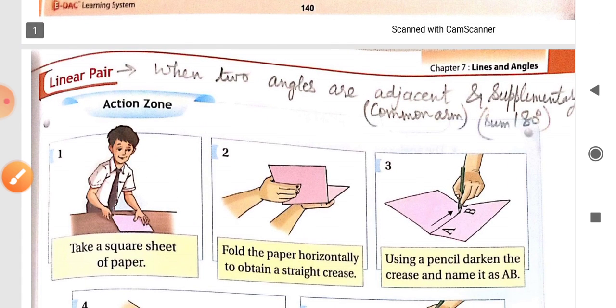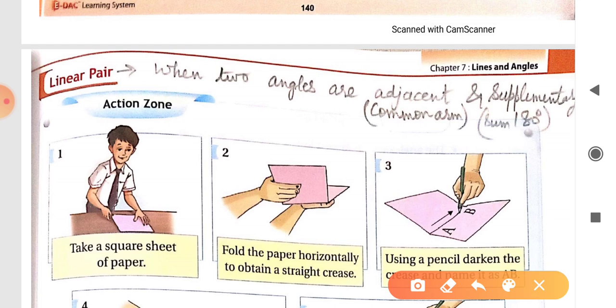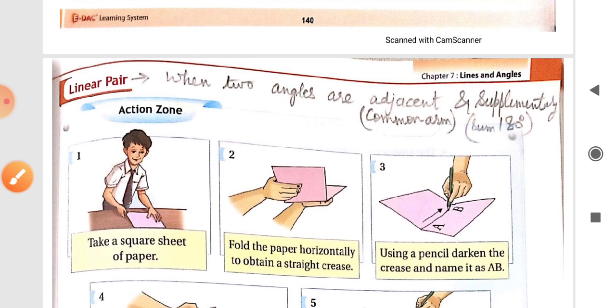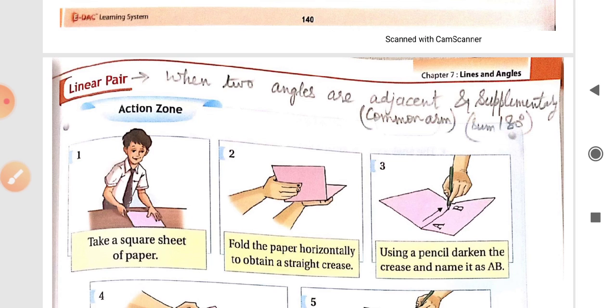Next is linear pair. What is a linear pair? A linear pair is formed by two angles which are adjacent and supplementary.